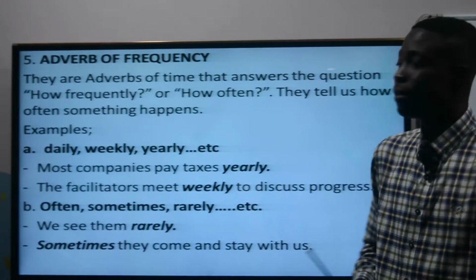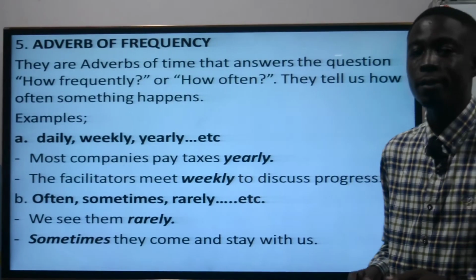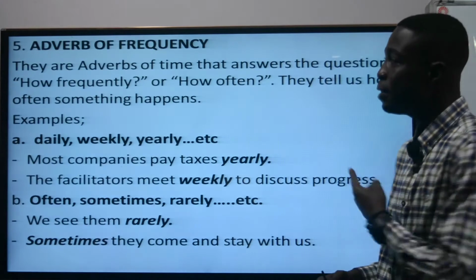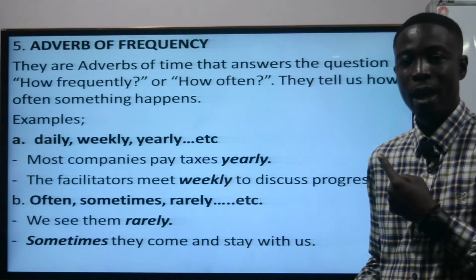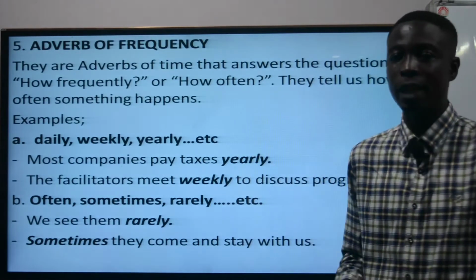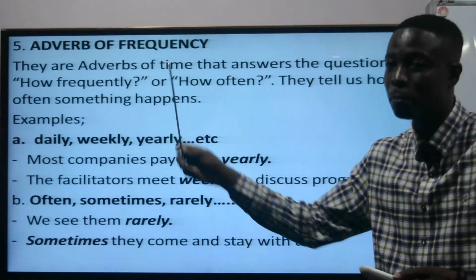To our next type, we are talking about adverb of frequency. This particular type of adverb has a relation with adverb of time. That's why we say they are adverbs of time.